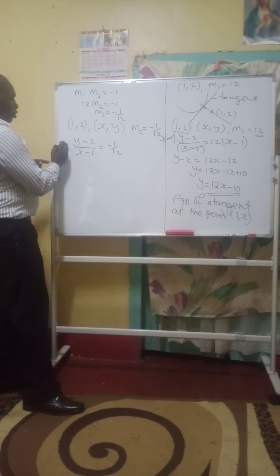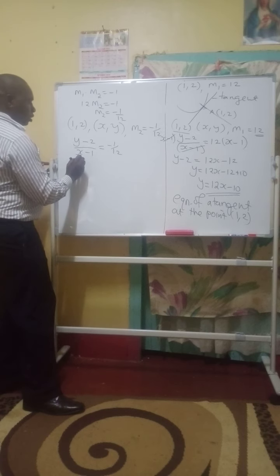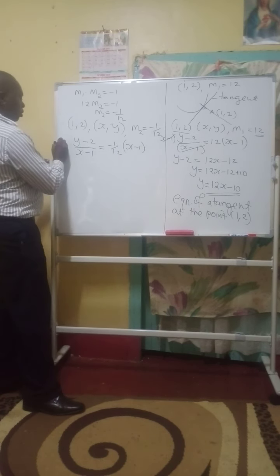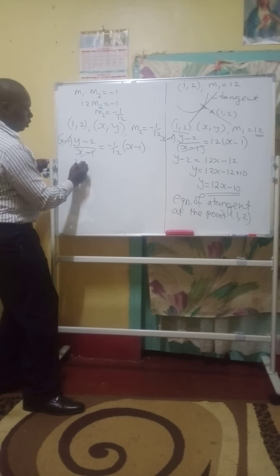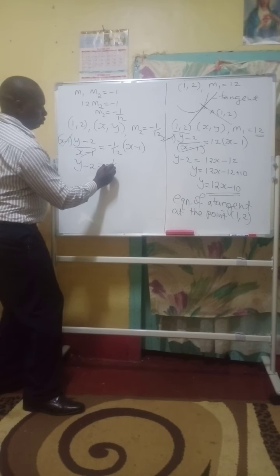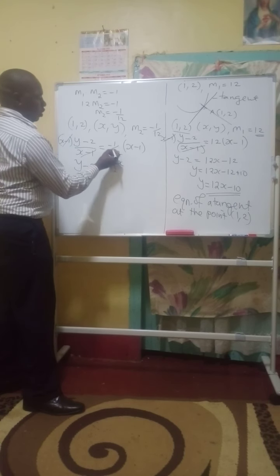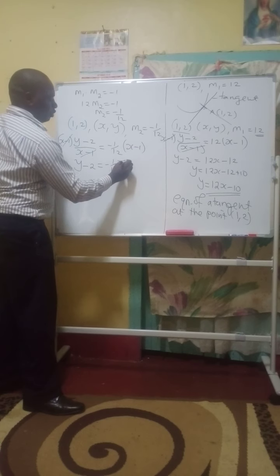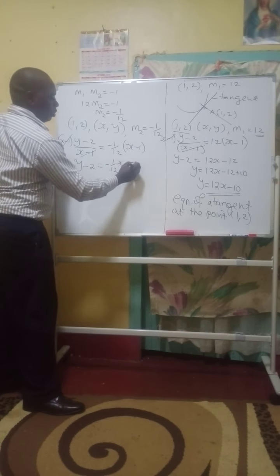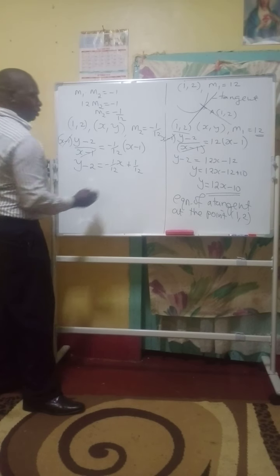Then we multiply both sides by x minus 1, so we can cancel this and we remain with y minus 2 is equals to -1/12 x. Then this negative multiplied by negative gives us a positive, and 1/12 multiplied by 1 gives us 1/12.